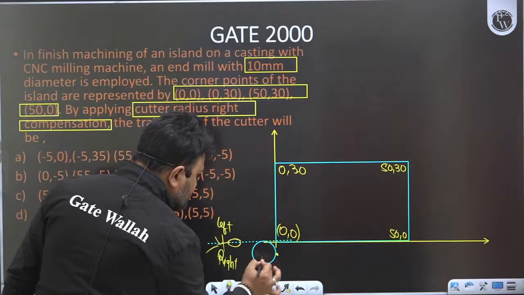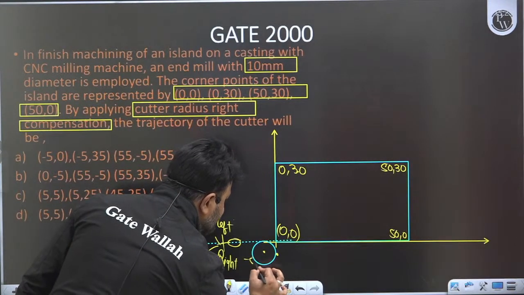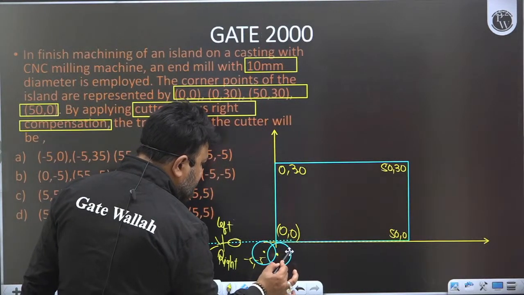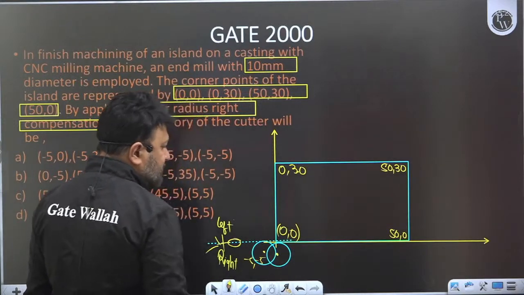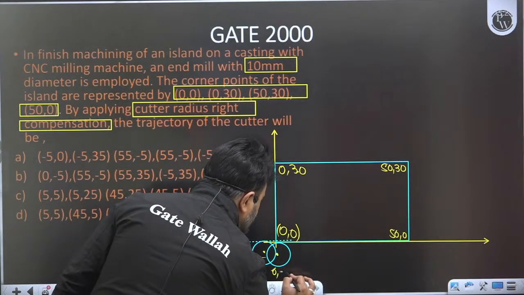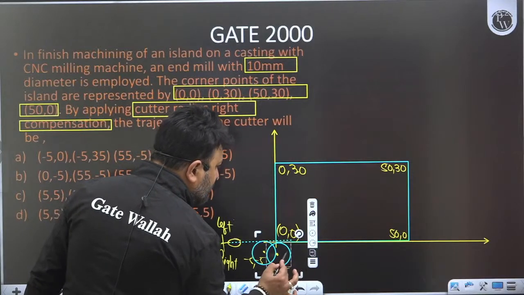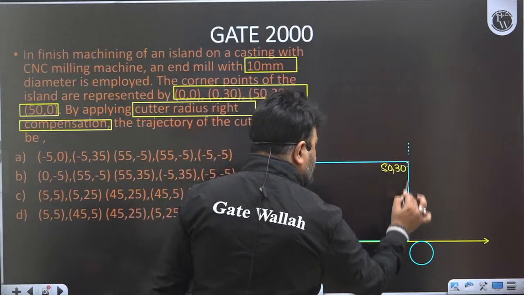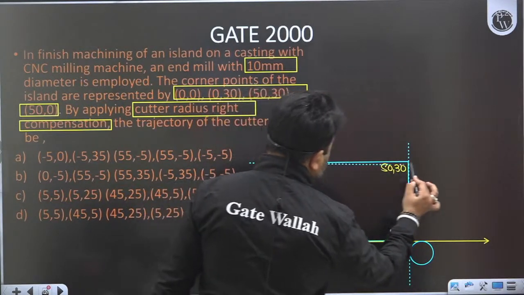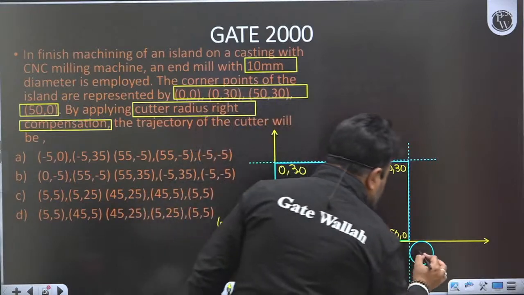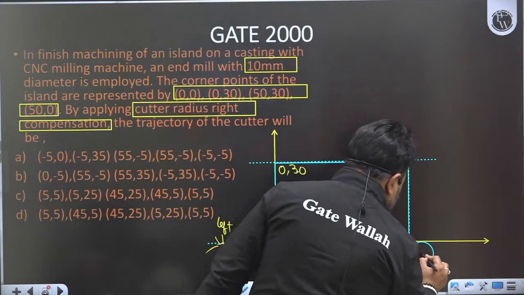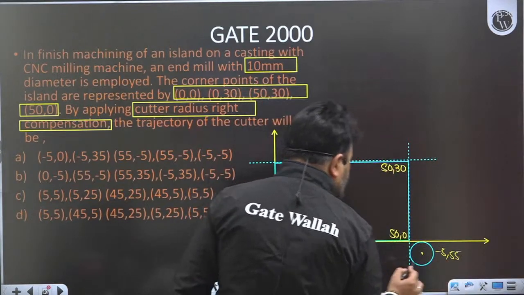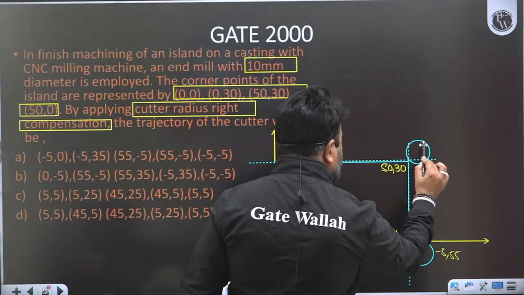That is minus 5, 5, minus 5, minus 5. Now tool will start from here and it comes here. That is 0, minus 5. Then tool will move from here to here. I solve these types of questions a lot of times. This is minus 5, 55. Then tool moves here to here.